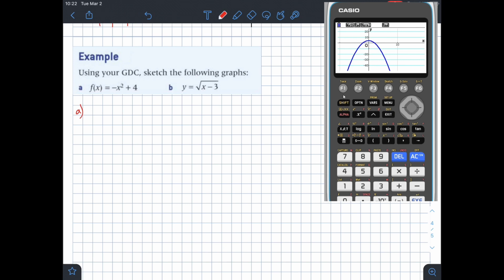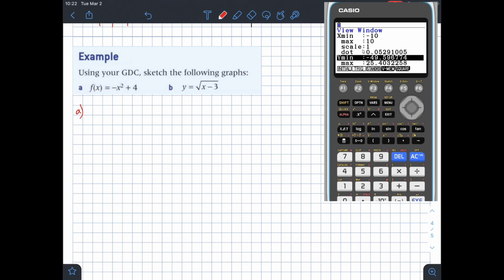In order to change the scale, I can go to Shift V-Win, which is F3, and here you can define your scale. We can say that the minimum value of x would be, for example, negative 10. The maximum value, let's set it to 10. And here the scale, we can go from 1 to 1. So if I put 1, then it will go from 1 to 2, 3, 4, 5, and so on, right?